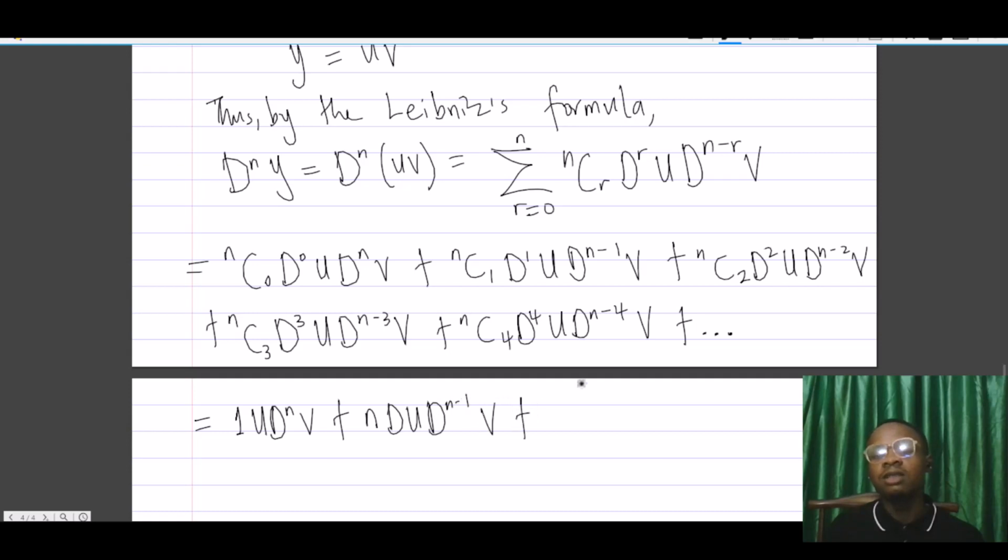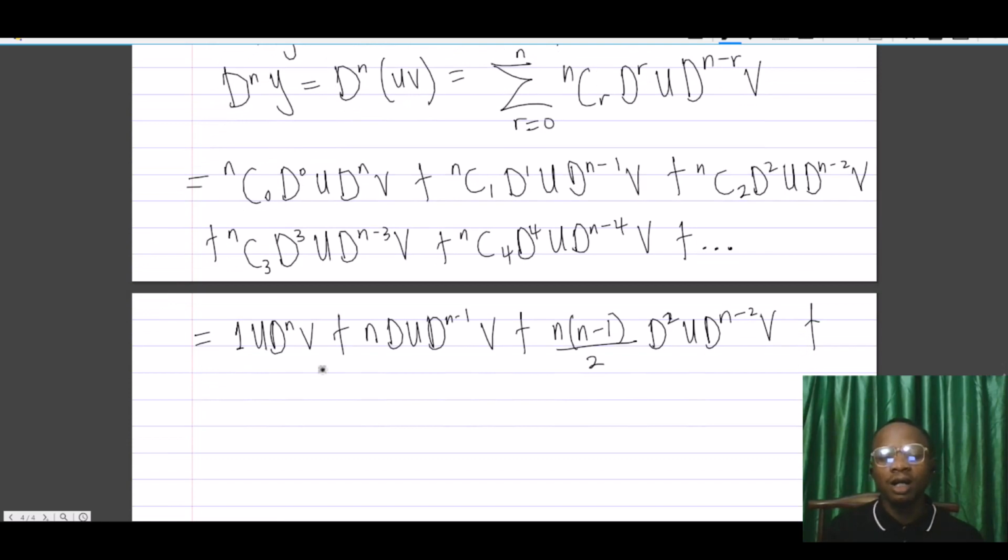Then we know that n combination 2 is n(n minus 1) divided by 2, from 2 factorial, and this is the second derivative of u, the (n minus 2)th derivative of v. All right, then plus the next one. I can remember what we did up there, that's what I'm just writing out.